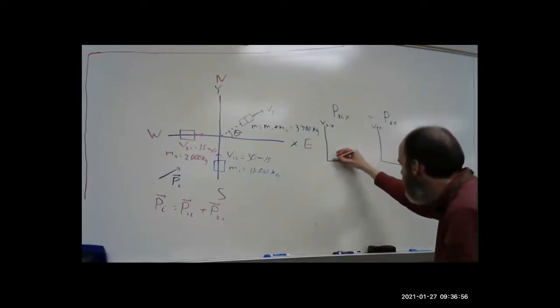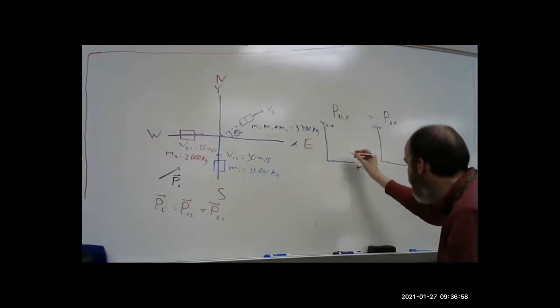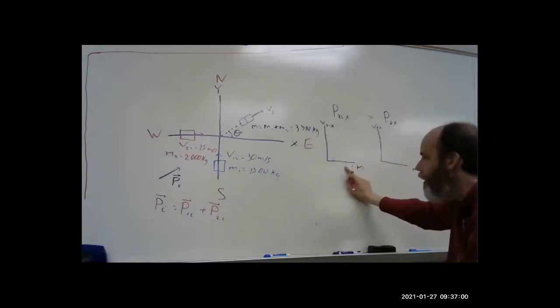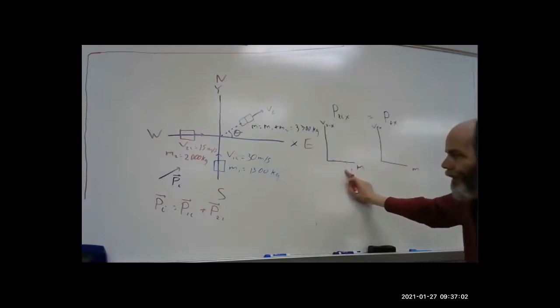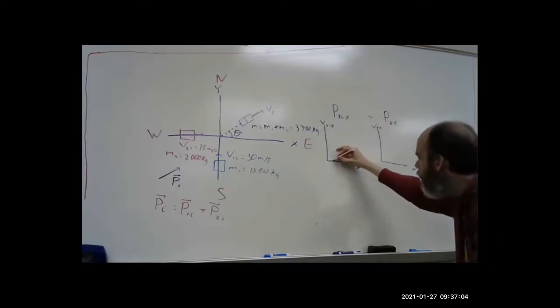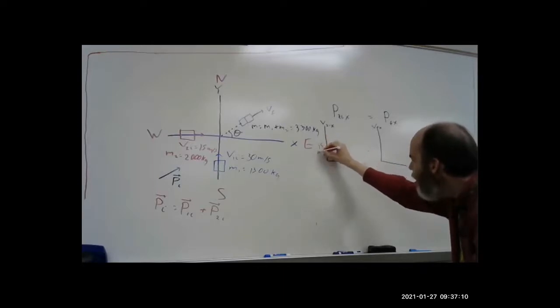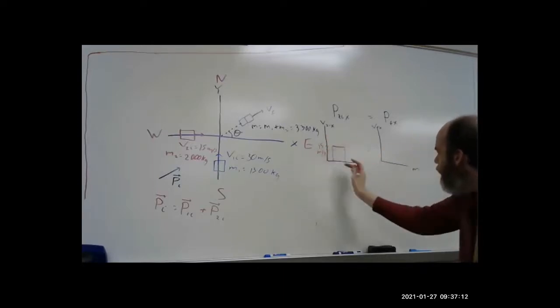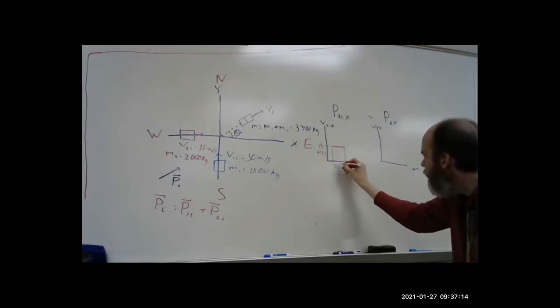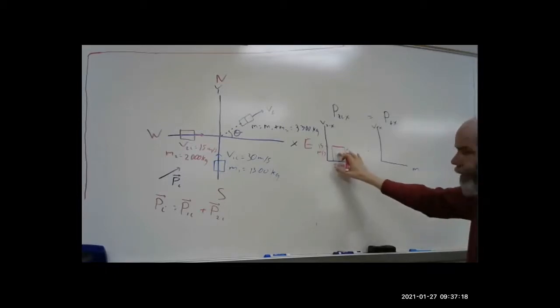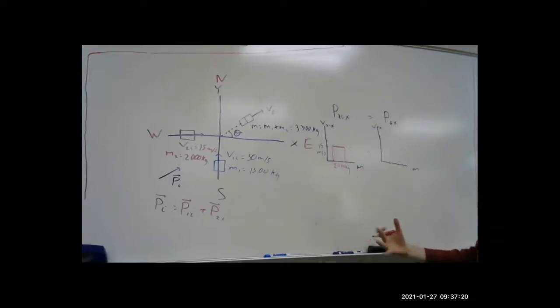So that width is 2,000 kilograms. Its speed is 15 meters per second. So I'll go up here, and say that's 15 meters per second. So this area represents the initial momentum in the x direction.